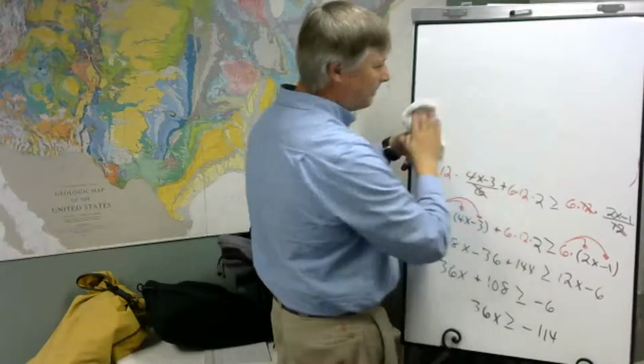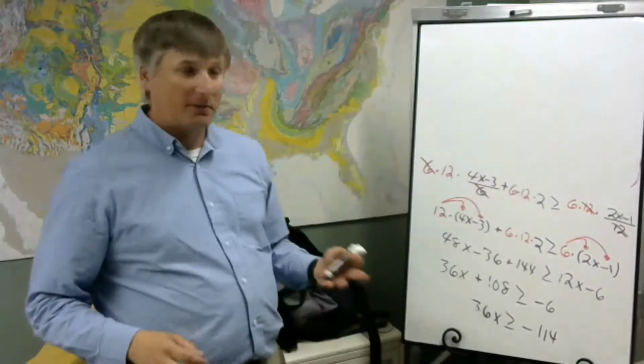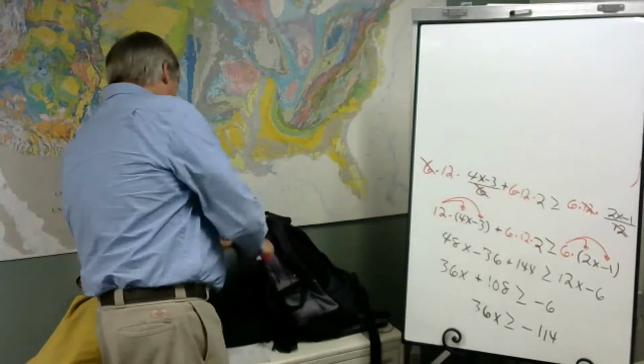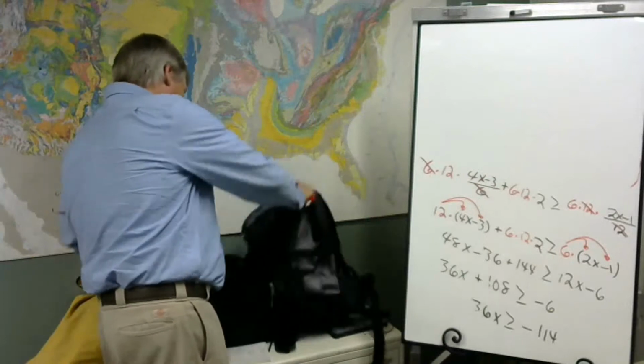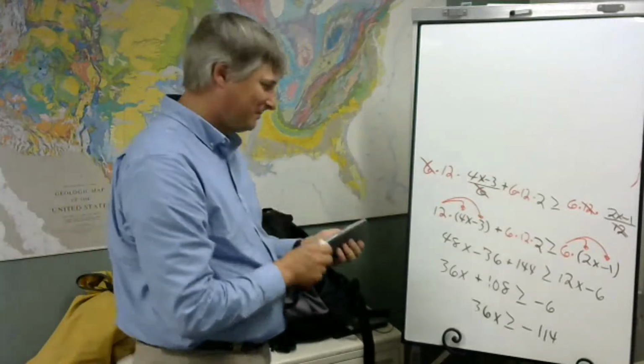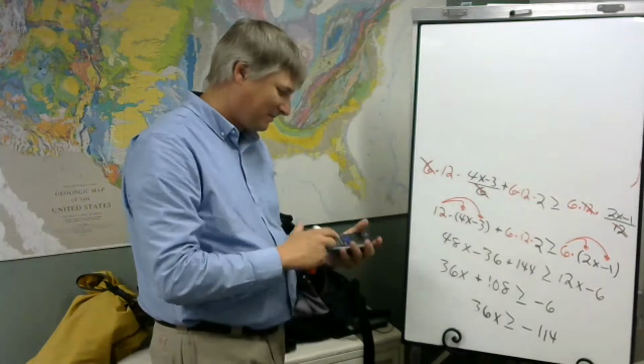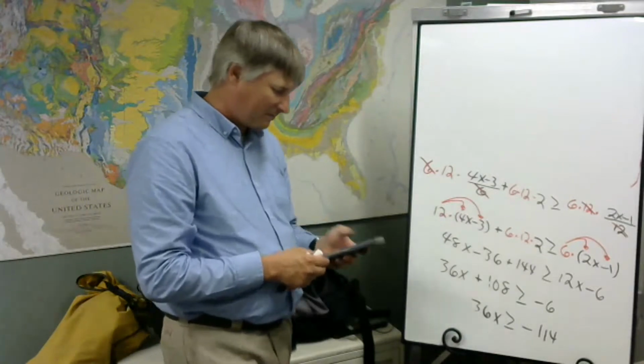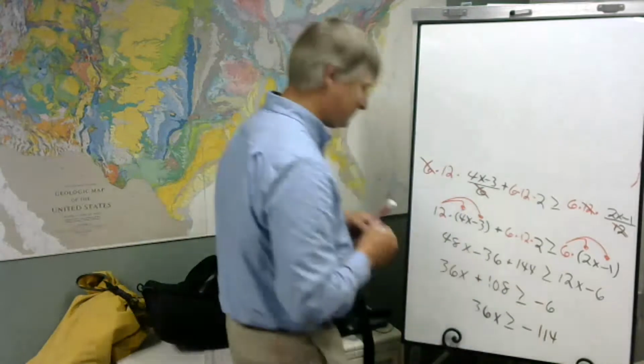Finally, we divide both sides by 36. And you know, grab a calculator just to make sure that's going to be okay. All right.